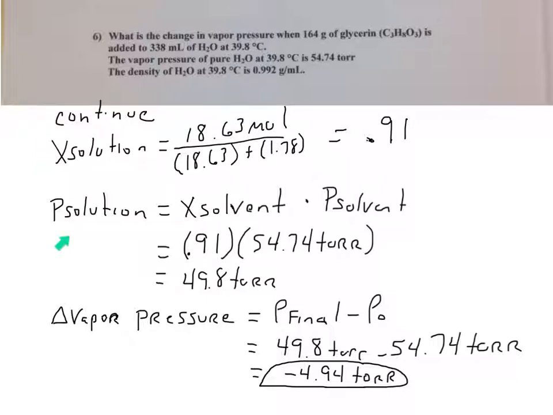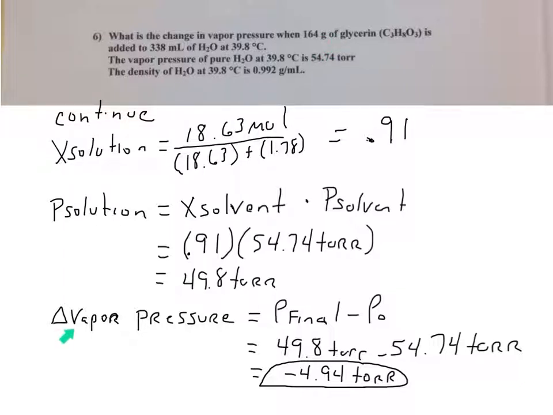Now our formula that we're using is P solution equals X solvent times P solvent. So our X solvent would be 0.91, and our P solvent is our pressure, which was stated in our problem above right there. And we get 49.8 torr.